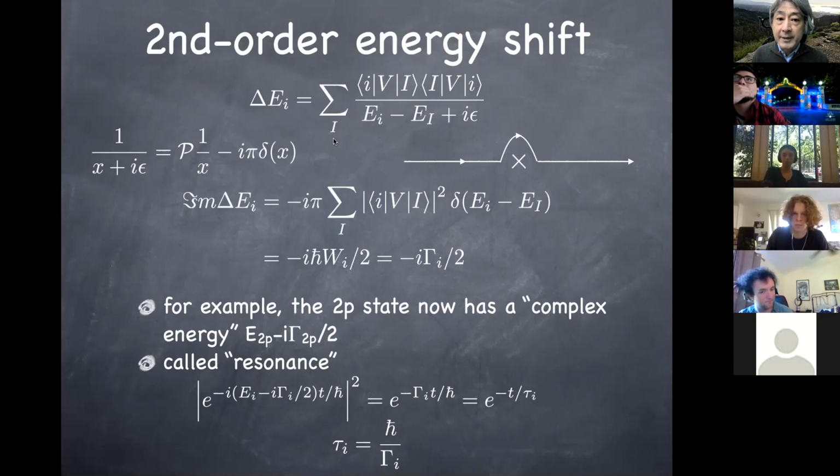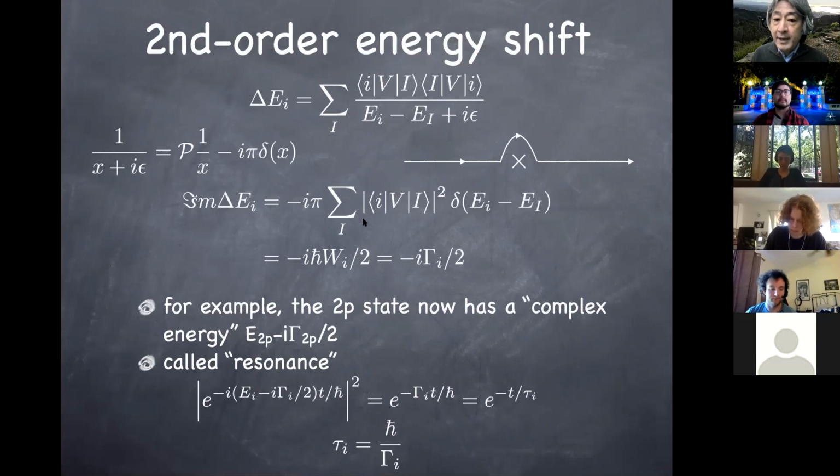The energy denominator is now replaced by this delta function with a matrix element squared. But now this expression looks very familiar from Fermi's golden rule. This sum of matrix element squared times 2 pi times the delta function over h bar is the rate.